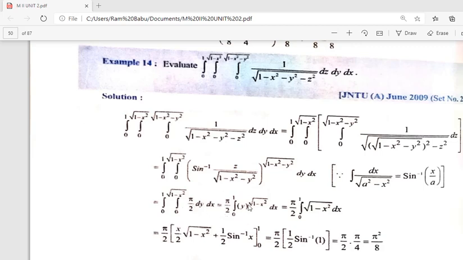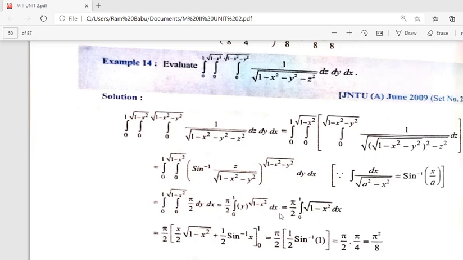Therefore pi by 2 into integral with limit 0 to 1. After taking pi by 2 outside, we have 1. Integral value of 1 is y with respect to y. Okay, what are the limits? 0 and root of 1 minus x square, dx.